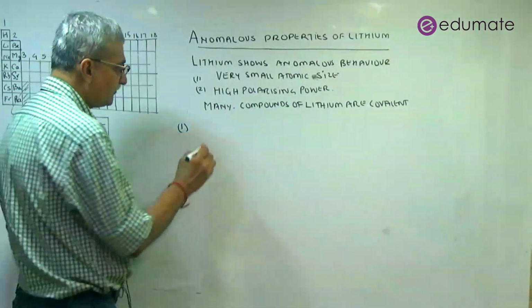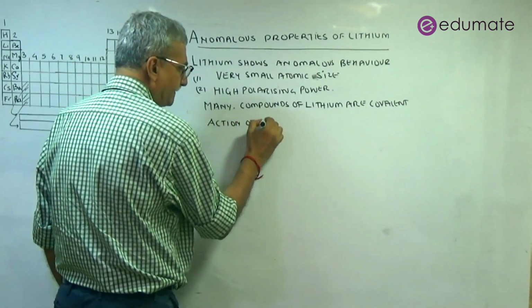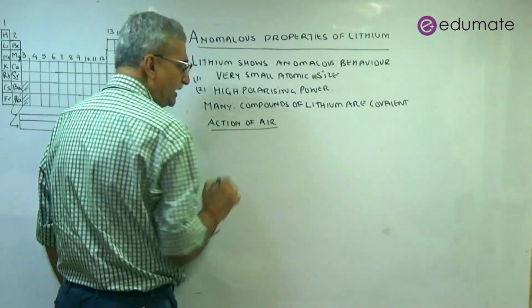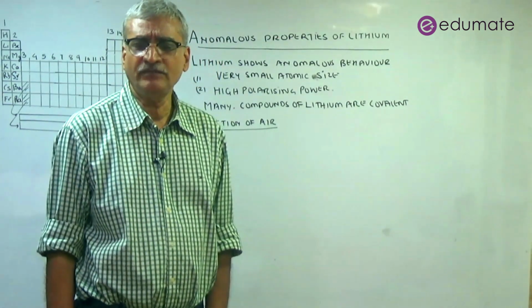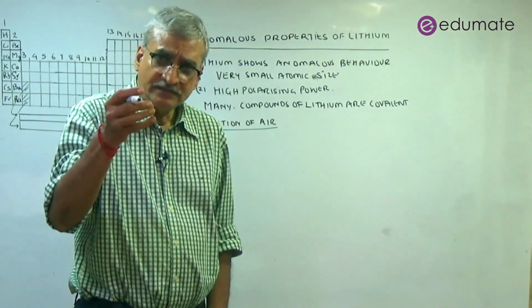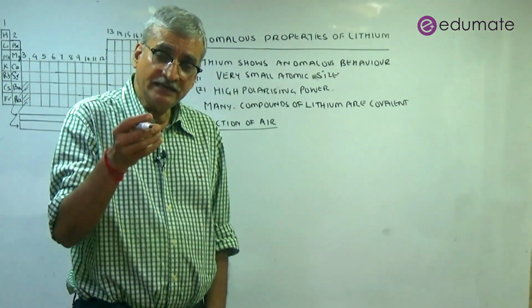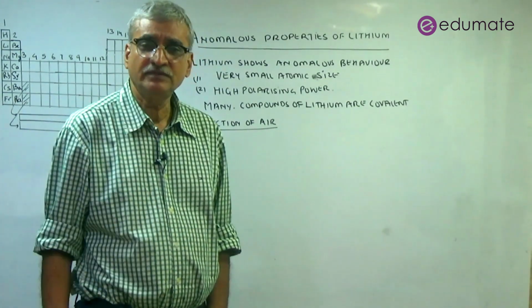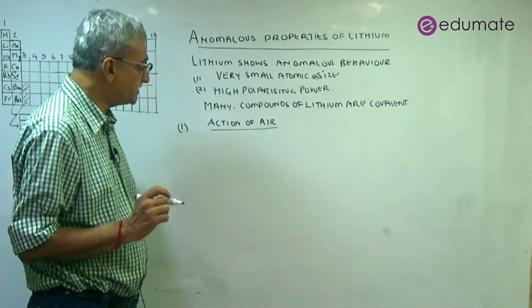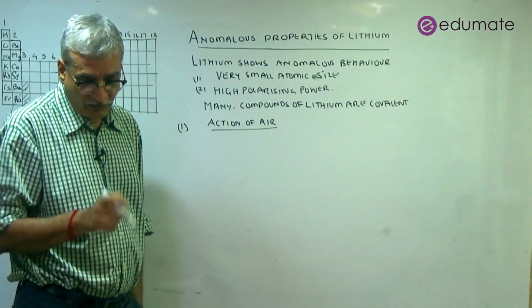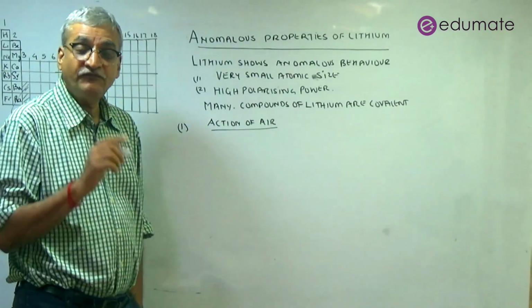Let's look at the action of air. Unlike other alkali metals, which simply burn in air to form the corresponding oxide, with sodium forming peroxide and potassium, rubidium, cesium forming superoxide, lithium forms the monoxide. Here, apart from the monoxide, it also combines with the nitrogen in air and forms the nitride.